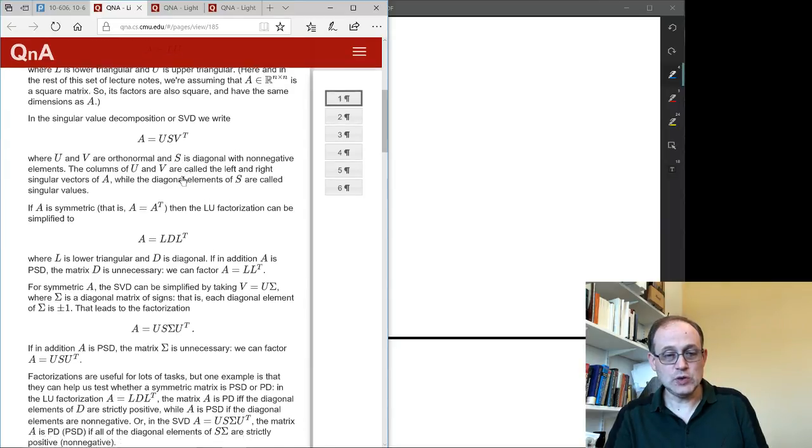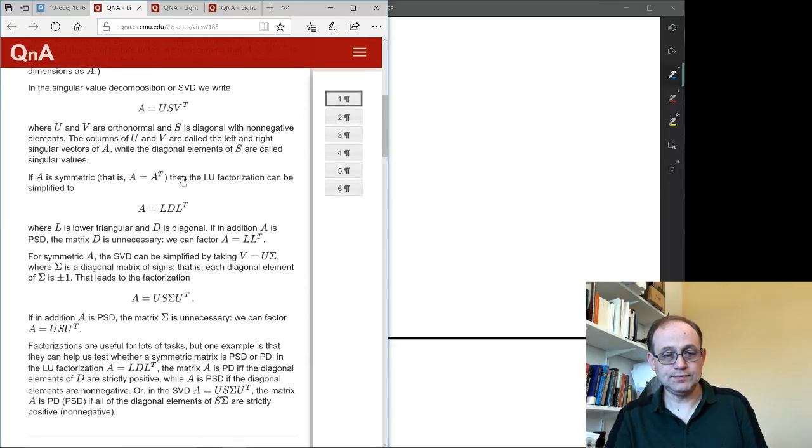As far as intuition goes, an orthonormal matrix can rotate and it can reflect.